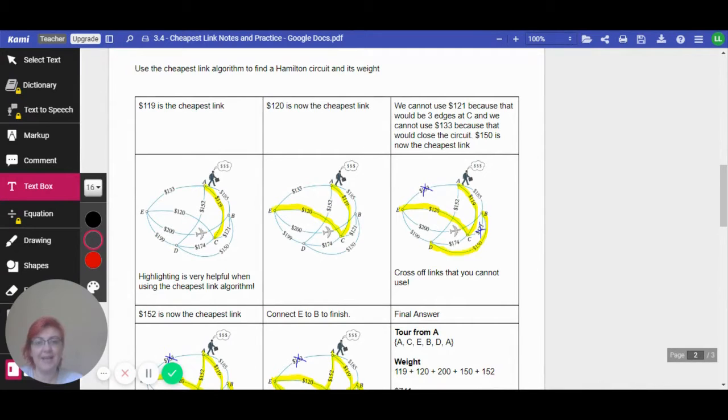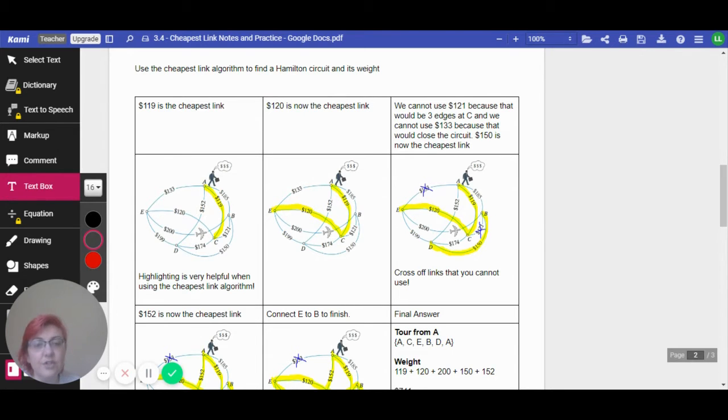We've got Willie Lomax going on his final journey. We can see here that 119 is the cheapest link in the entire graph. From there we look. 120, that's now the cheapest link.